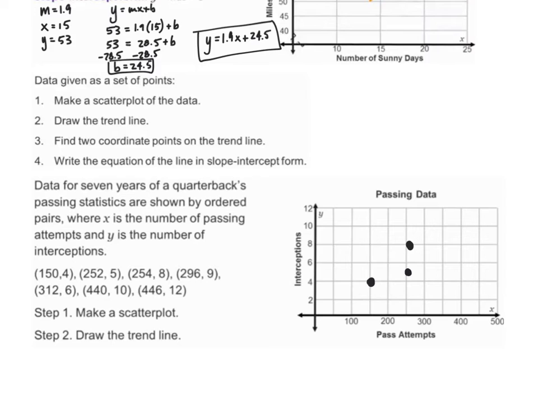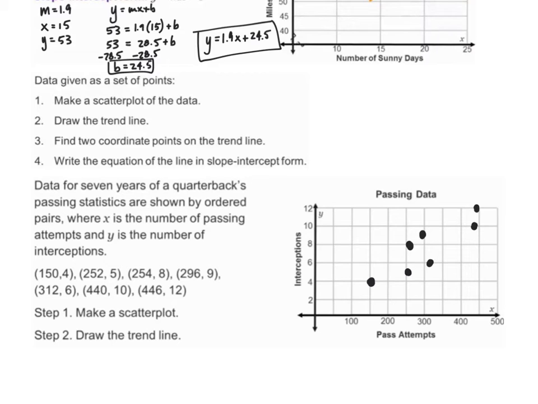Okay, so we're right about here. Okay. And then the other one was 312, 6. Okay. 440, 10. And then 446, 12.